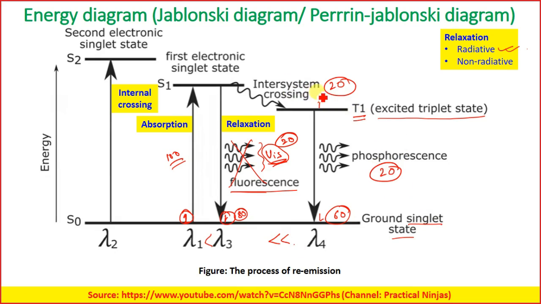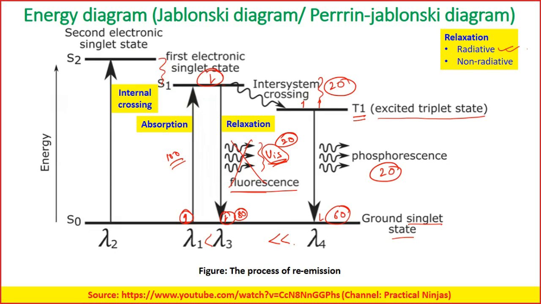And if you see why I call it inter-system crossing, it is because initially we had the singlet state configuration, and while coming to the T1, the electronic rotational movement has changed. And in the internal crossing, there was no change in the rotation direction of the electrons.